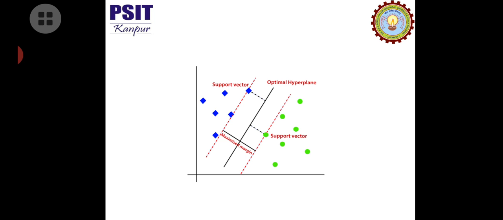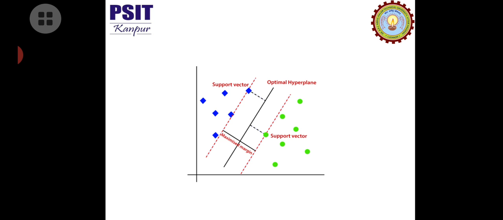Same diagram, but now we have three lines, a black line and two dotted red lines. The black line is the optimal hyperplane, and we have support vectors. The support vectors are the closest points to your hyperplane.